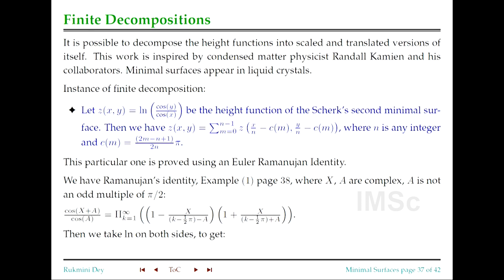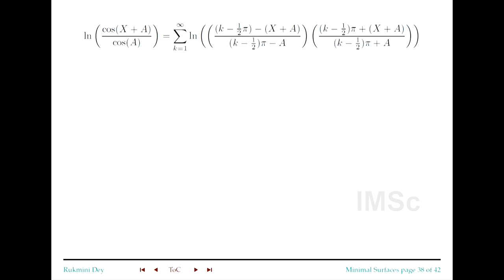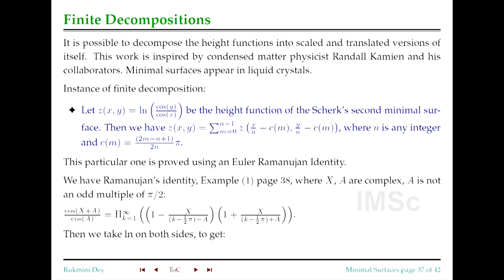So if you take ln on both sides, you take x plus a to be y and a to be x, then you can get this kind of an identity, and this is the height function of that tunnel-like minimal surface, right? Scherk's second surface.